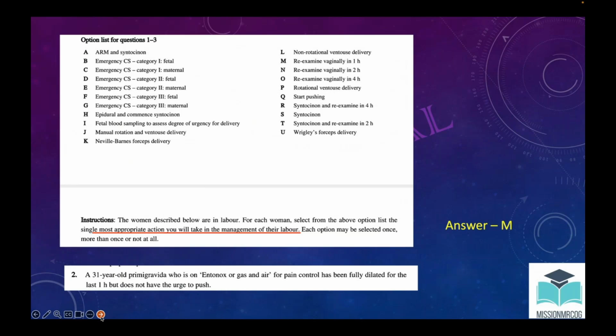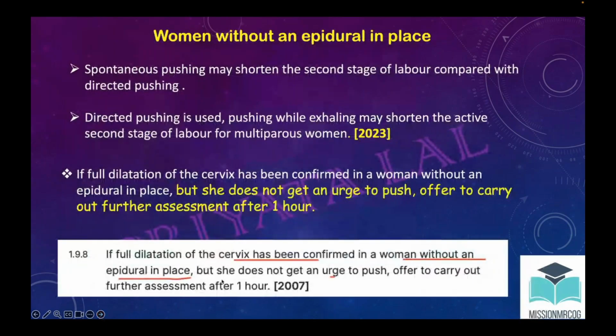Now this is a very common question. If the full dilatation of the cervix has been confirmed in a woman without an epidural in place, but she doesn't get an urge to push, carry out assessment after 1 hour. Many times this question has been asked.